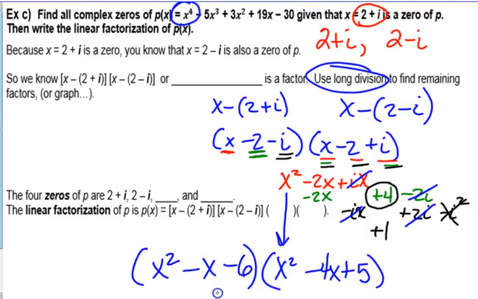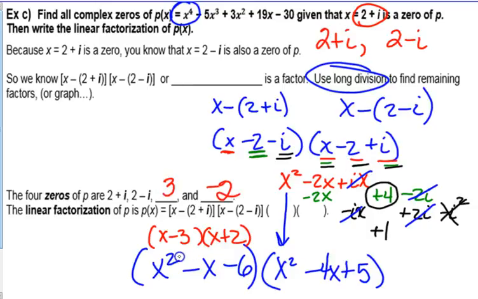Is that what I wrote down, guys? So what are the other two zeros? How can I find the other two zeros if I didn't want a graph or didn't have a graphing calculator? This factors how? Minus 3 plus 2. So where are the other two zeros?